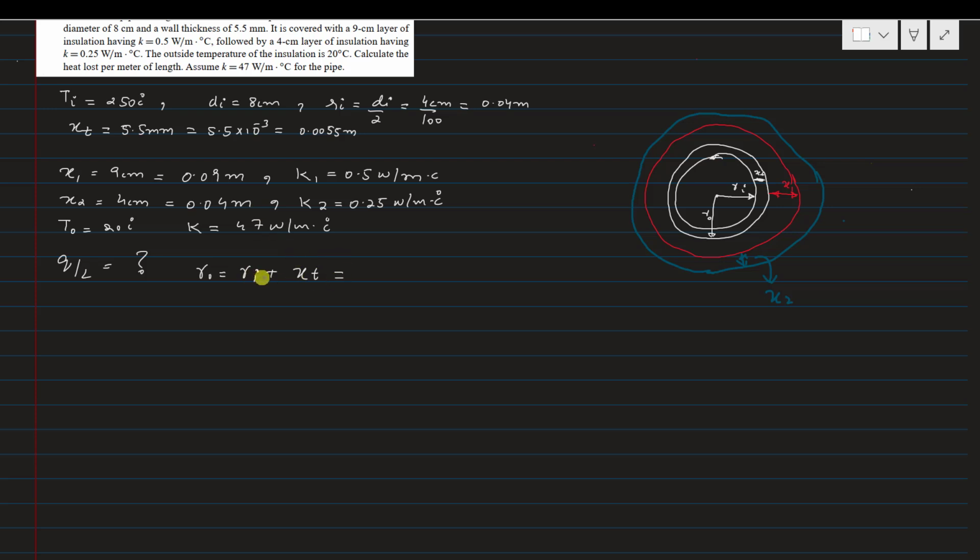So Ri is 0.04 plus Xt 0.0055. After adding, you will get the R0 of the pipe, and that is 0.0455 meter.